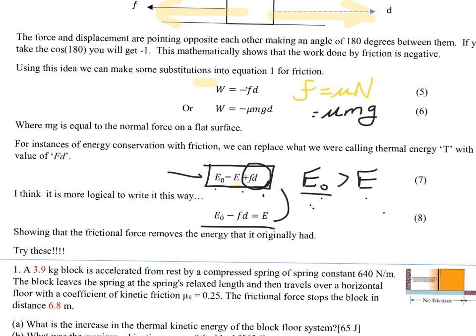This is an always statement. Just like in circular motion, where the sum of all the forces equaled m a for the centripetal acceleration, that was always applied. This is an always statement. If there is no friction, then mechanical energy is conserved, and it's just that statement.